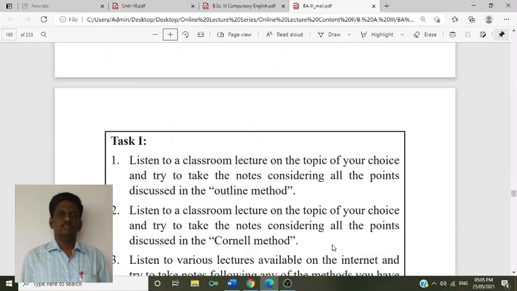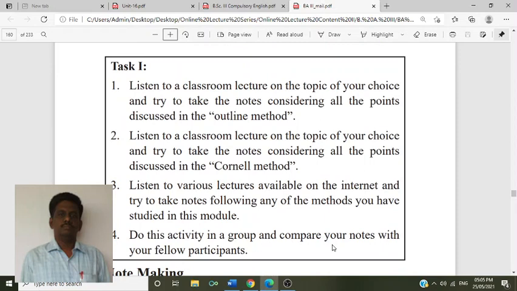So we also learn the example. See the task here. Listen to a classroom lecture on the topic of your choice and try to take notes considering all the points discussed, in the outline method. In the outline method you are supposed to jot down the significant points, main points or sub points and the facts.